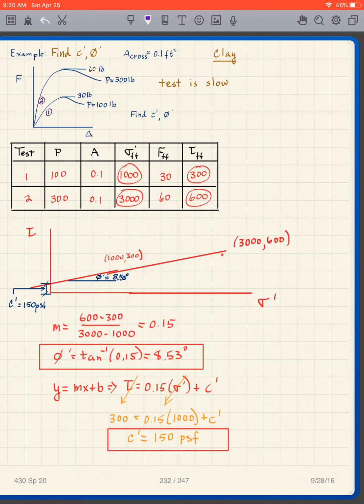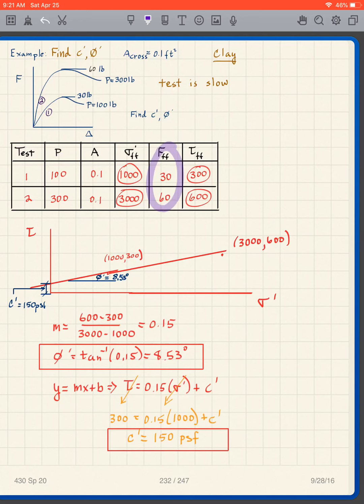In the solution, well, I'm running two tests, 1 and 2. My P's are 100, 300. The cross-sectional area is given to be 0.1. So I get, P over A is 1,000. P over A is 3,000. So I get my sigma prime FF.